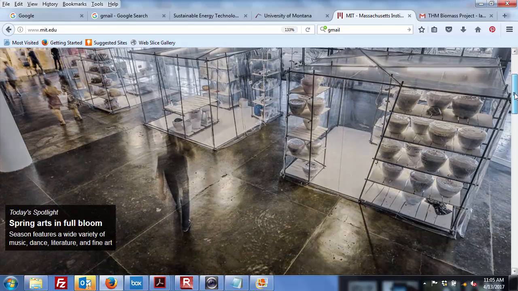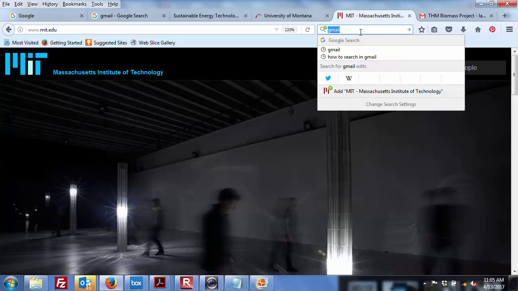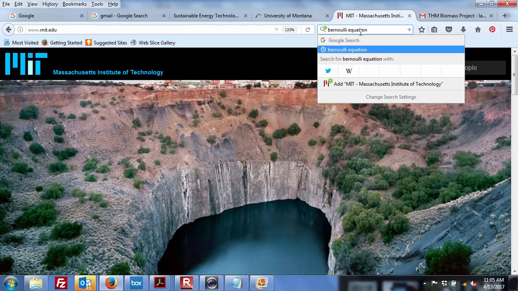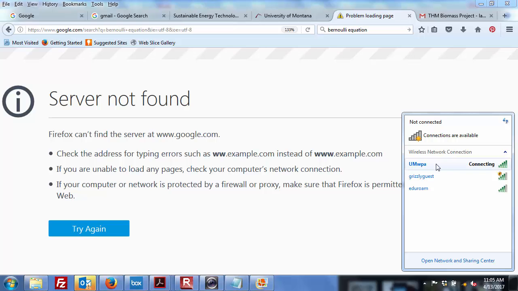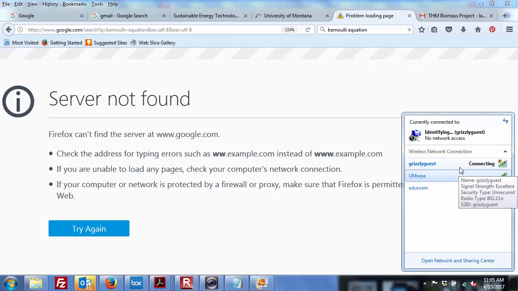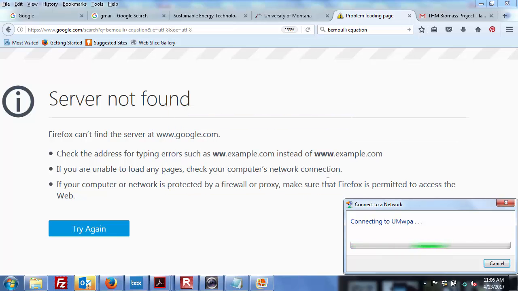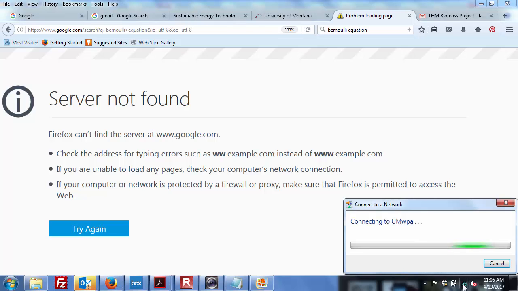What's going on at MIT today? The arts, nice. Hey, what's going on, Kat? Oops, let me get myself connected. Oh yeah, don't sit in the sticky seat.